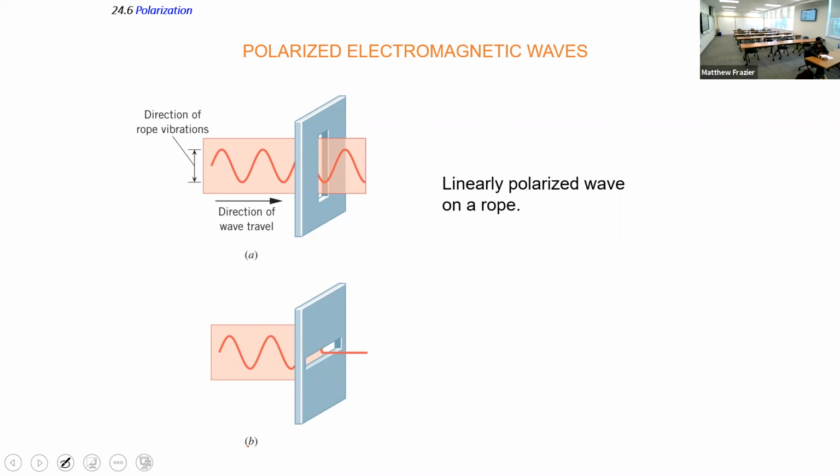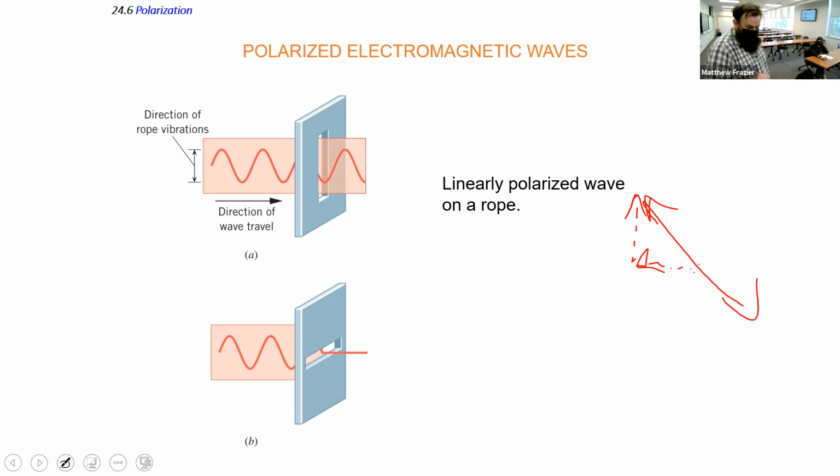And if you shook it at some angled direction, say like this, I'll use a double-ended arrow for these, then this is essentially one part to one side and one part to another. It has vector components. So we can pick two directions: up and down, left and right, vertical and horizontal.